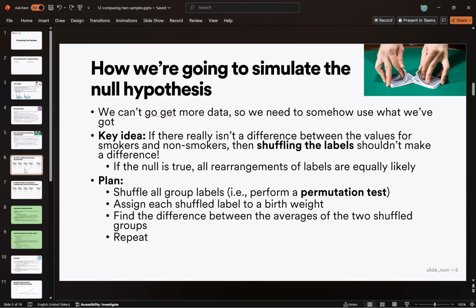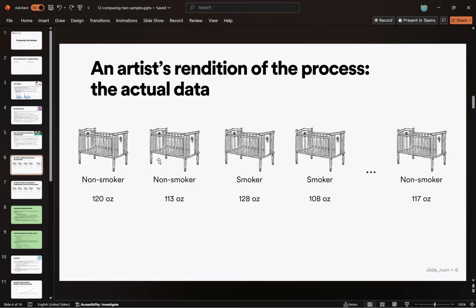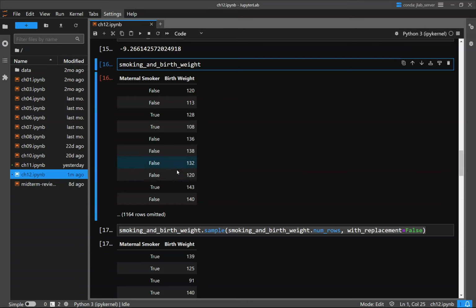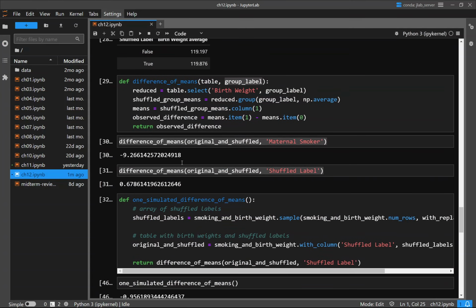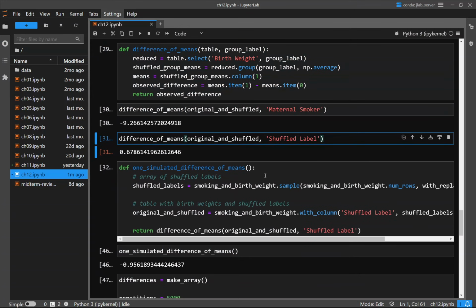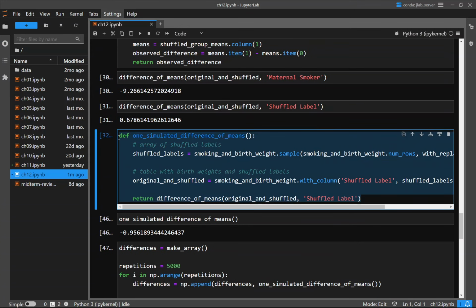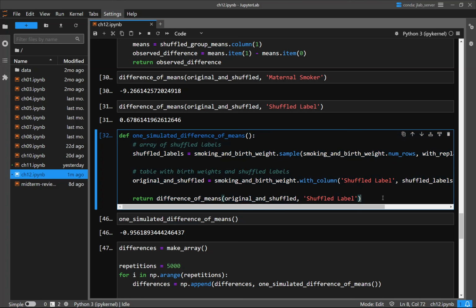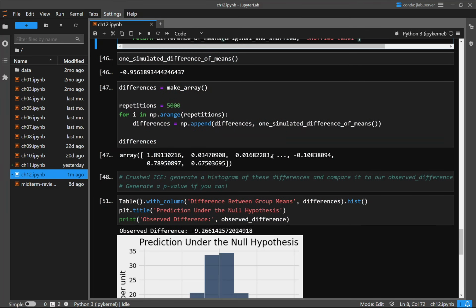How often did we see what? We took some labels, shuffled the labels, and did our calculation. Every time we got a new difference of means. It was a very involved function, but we were able to do that every time we did the shuffling, and we were able to do that a bunch of times by tacking on all the things that we did and working together. We got a bunch of little differences that we simulated, our little statistic.